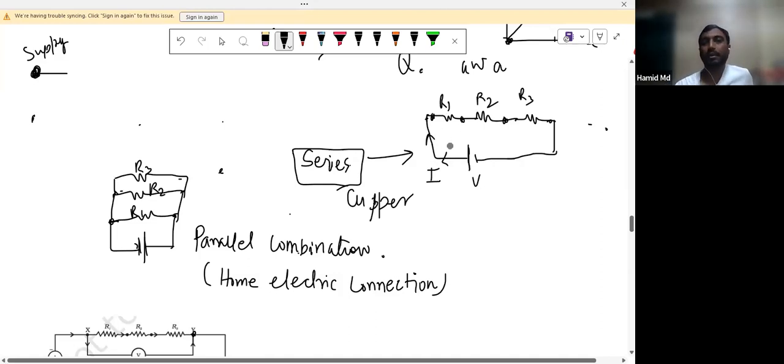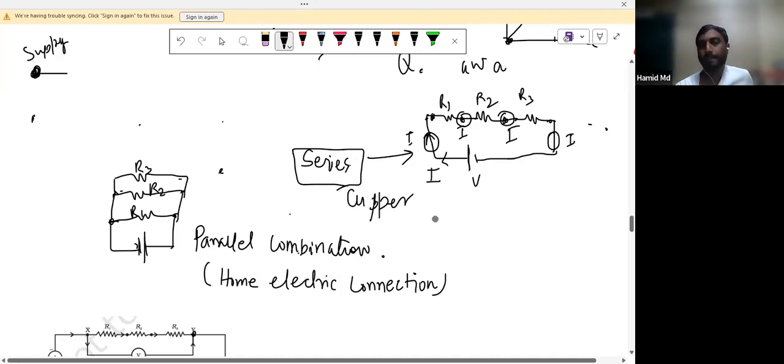So what will happen if we measure current over here in this segment? If it is I here, it will be I again over here, and I over here, and I over here.